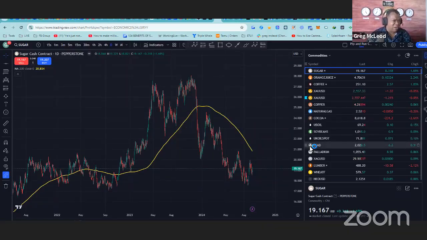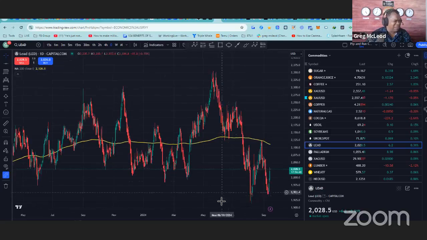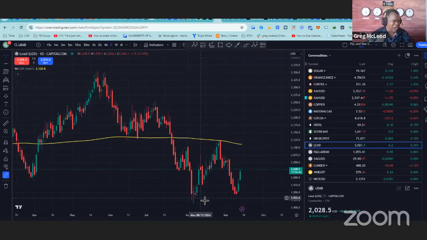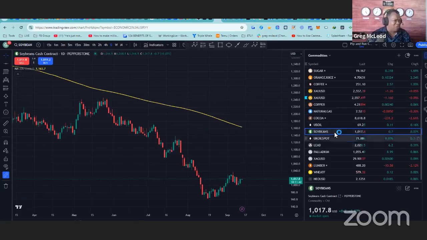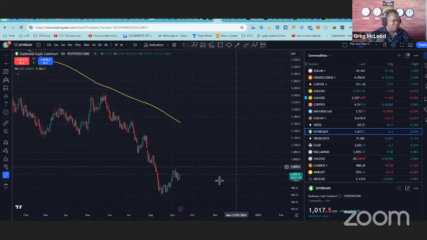Hey, you want to invest in lead? Lead's coming up too, right? Get the lead out. Double bottom on lead. Go long lead, boys. Soybeans should be interesting. Big demand comes from China.